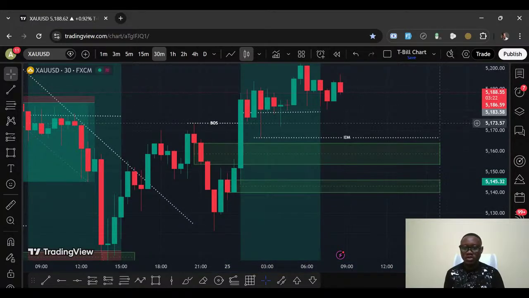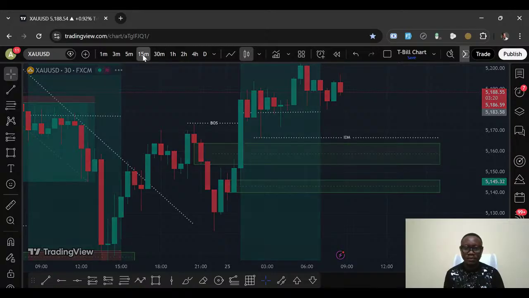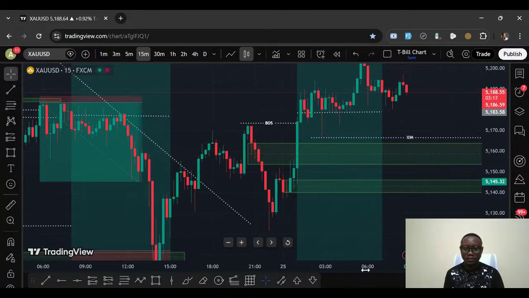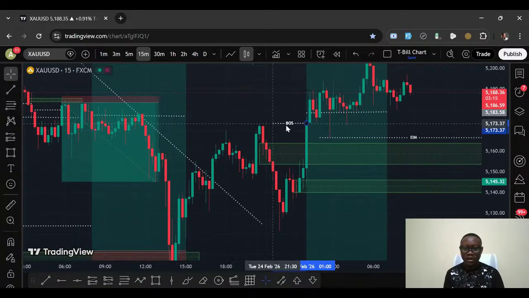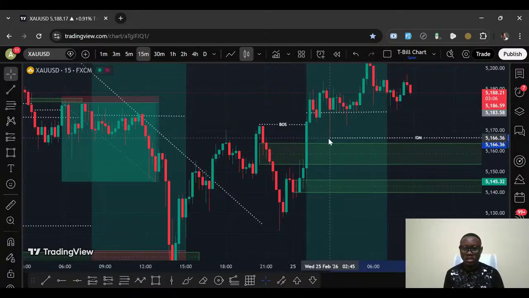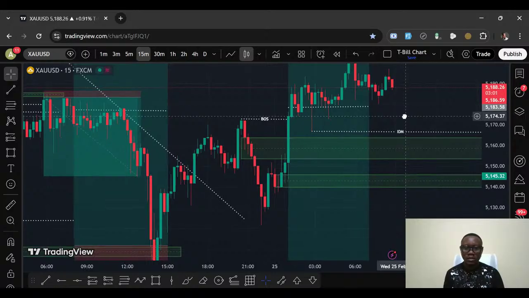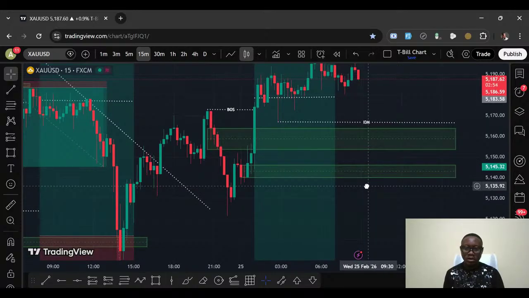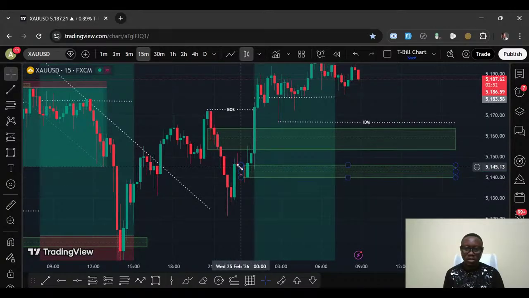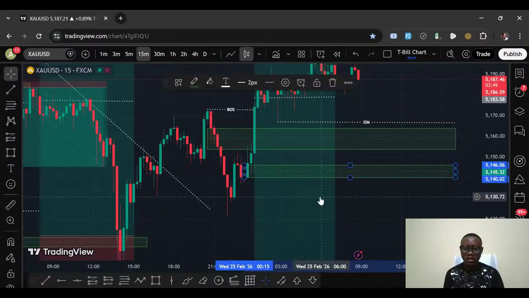So I'll maintain the one from the 1H time frame, which is this. Then let's drill down further to the 15-minute time frame. Further refine our break of structure, which is this. And our inducement still remains this. Our order block zone, yeah, this is our order block, valid.